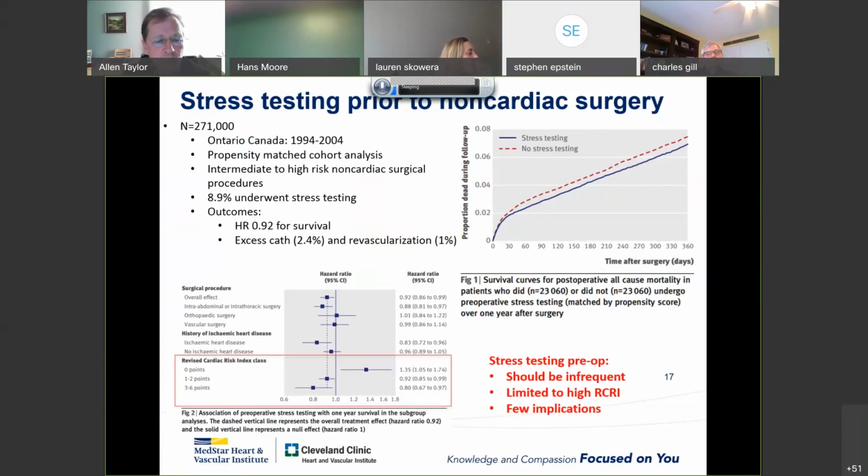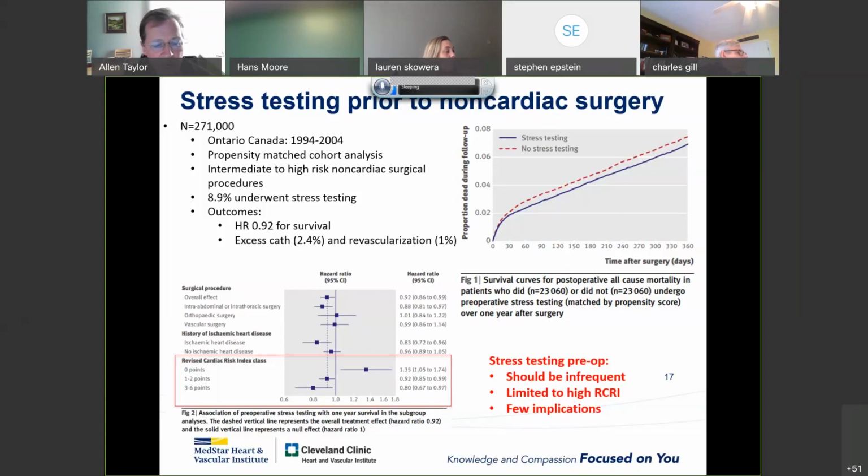And the outcomes were that overall there was no effect. There was a hazard ratio of 0.92 with a confidence interval extending all the way up to 0.99 for survival, with some excess rates of cardiac catheterization and revascularization. And if you look at the bottom, that forest plot under the RCRI index classifications, actually there was net harm in patients who had a low, meaning 0, RCRI.